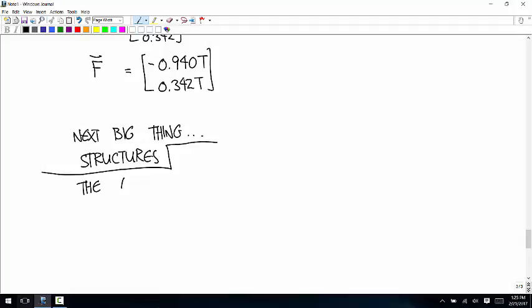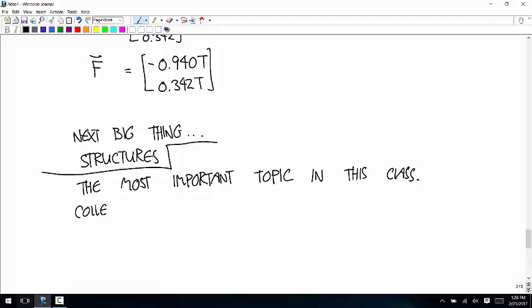The most important topic in this class. And it has to do with collections of rigid bodies connected by joints.